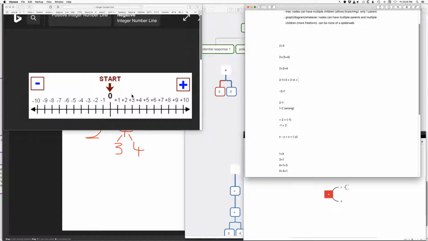Yeah, 2 to the right and 4 to the left ends up 2 to the left of 0. To the right, and then we turn around and we go over this way and we end up here.